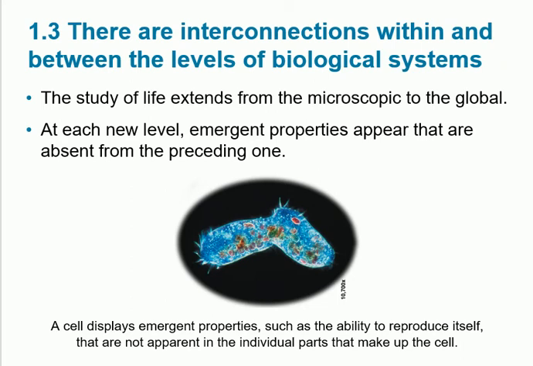So you're going up level after level, and in each level you will see emerging properties that were not there in the lower level. An example of that is cells. Cells can reproduce. Was that something that was there on the level of the organelles?